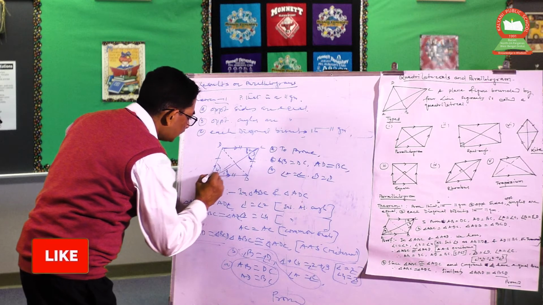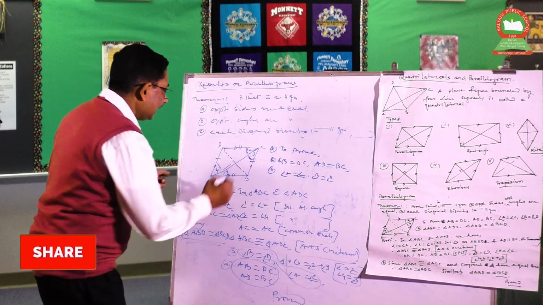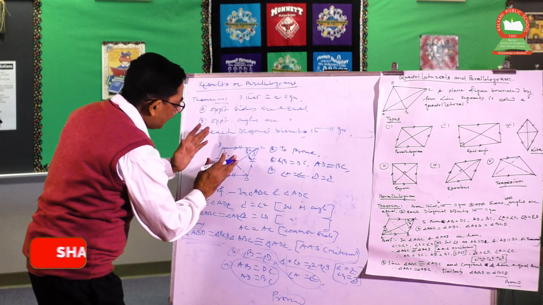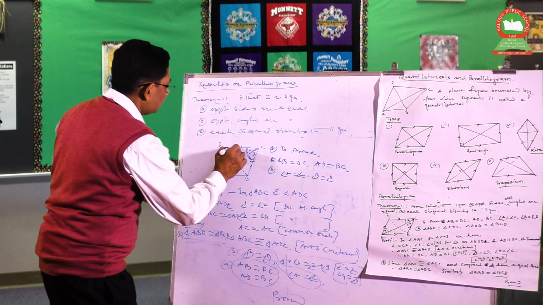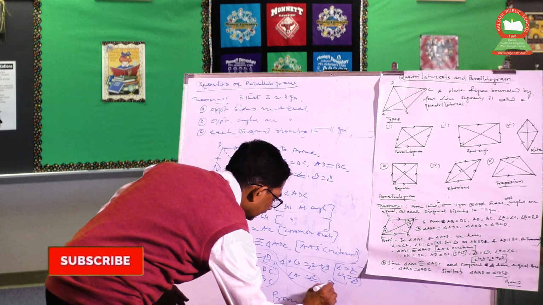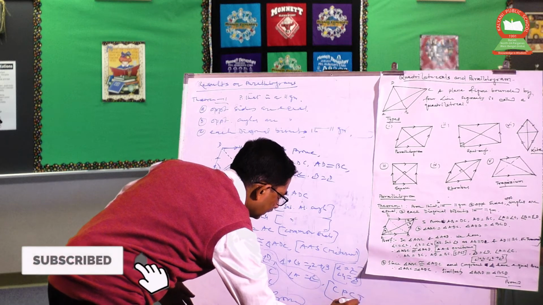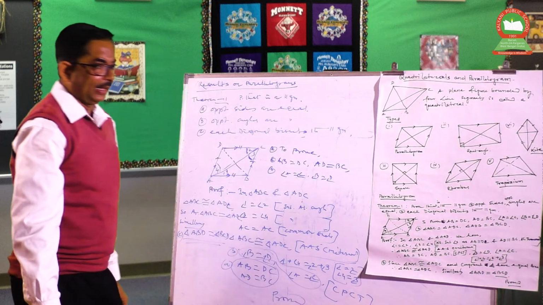These are interior alternate angles, and there is a common side, so AAS. This is congruent. Congruent means this side equals this side, and these are called CPCT, that is, corresponding parts of congruent triangles.